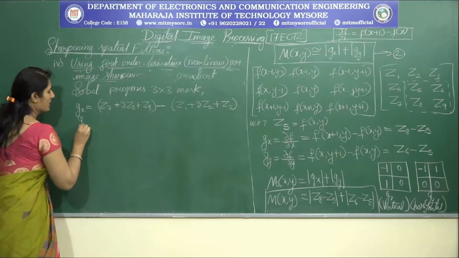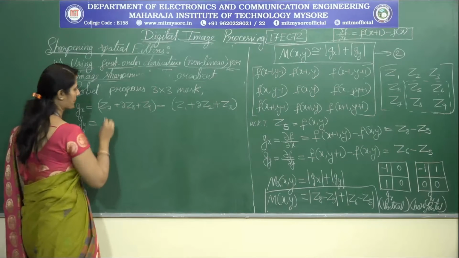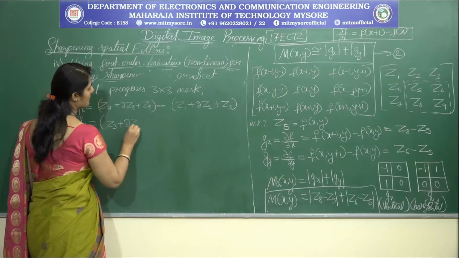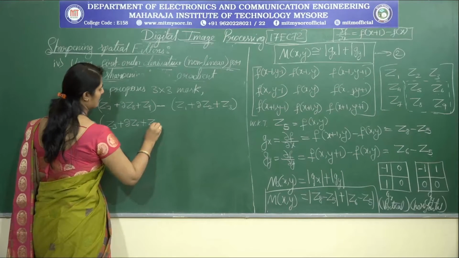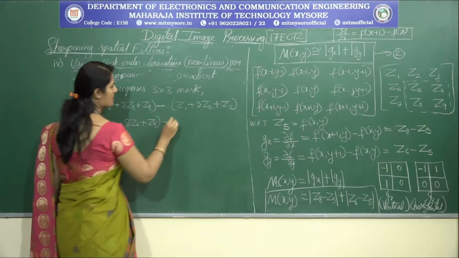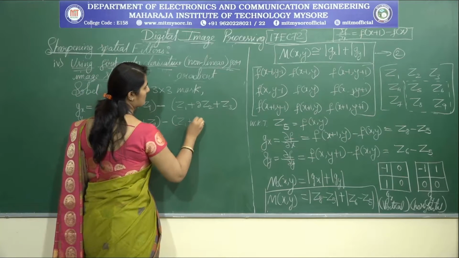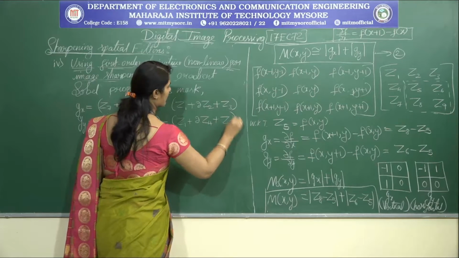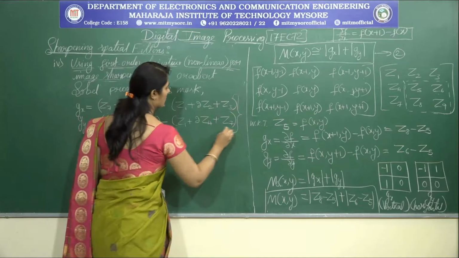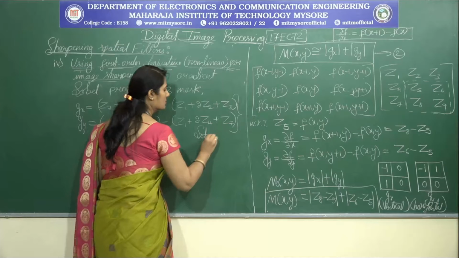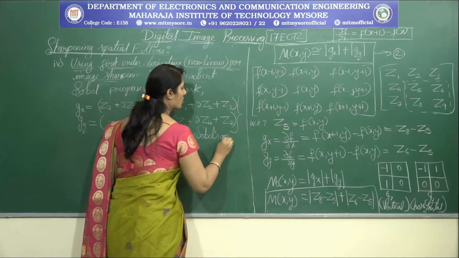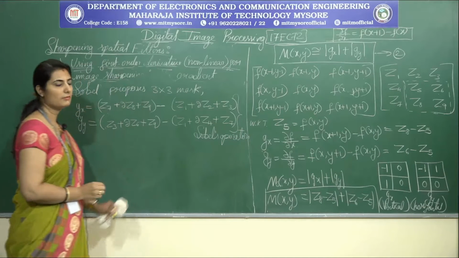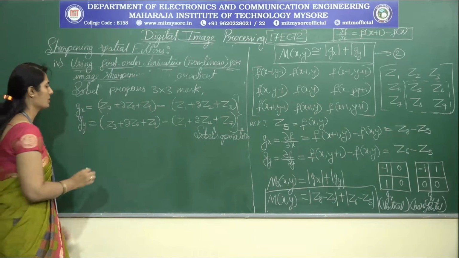And gy is equal to z3 plus 2 times z6 plus z9 minus z1 plus 2 times z4 plus z7. These operators are called Sobel's operators. Okay. So now let us construct the mask for these.